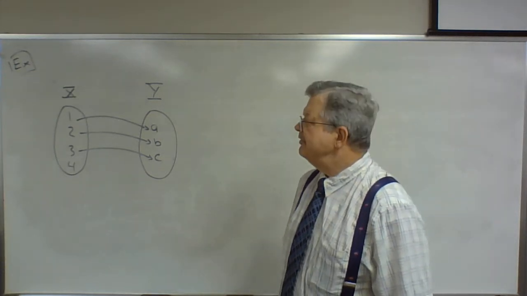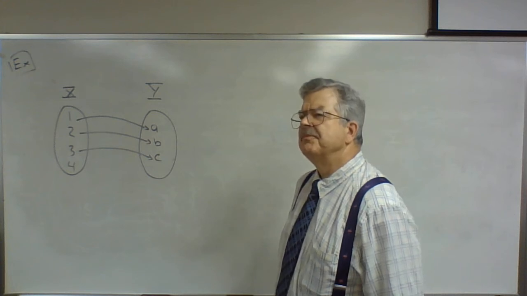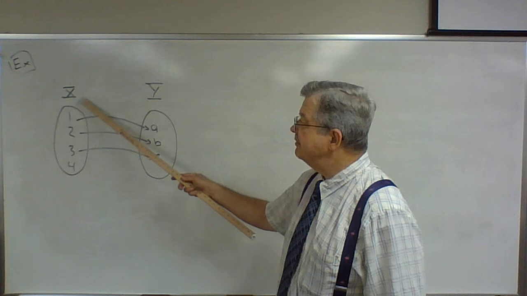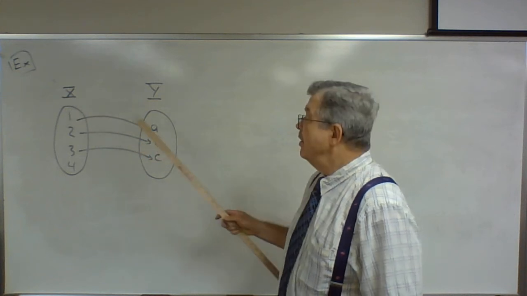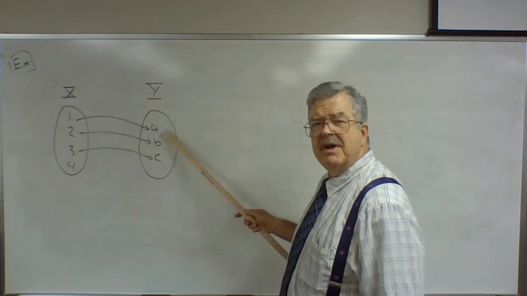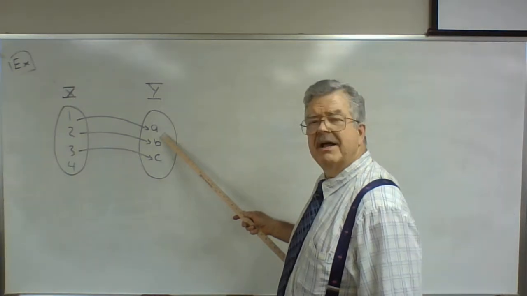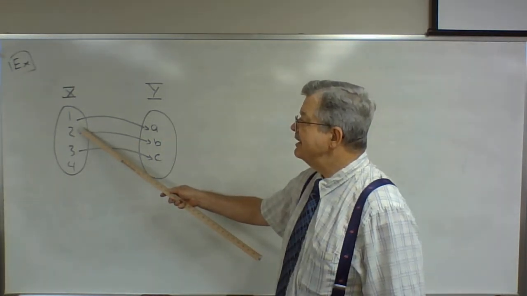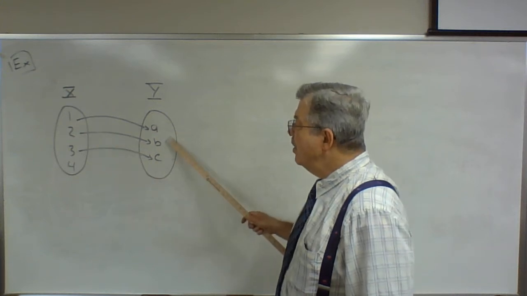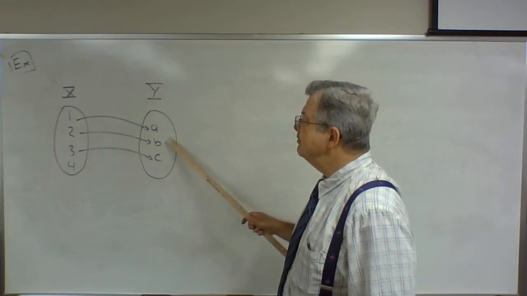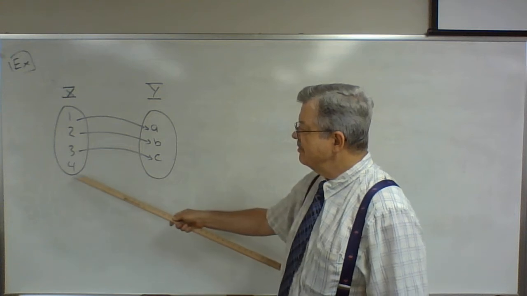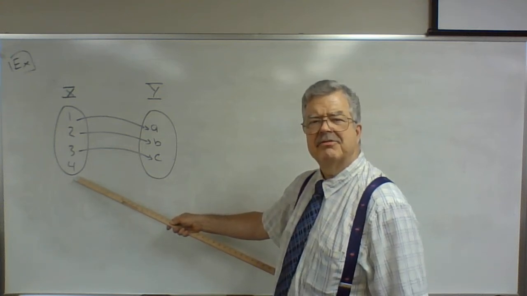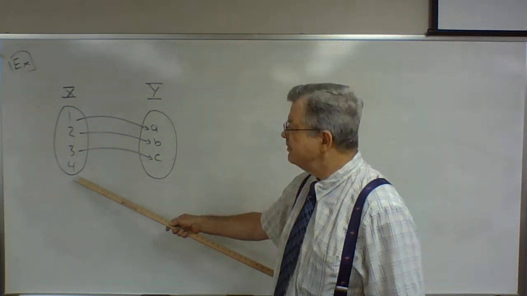Our definition says that a relation is a rule that assigns to each element in the set X, the domain, at least one element from the set Y, the range. Or it assigns to each element in the set X one or more elements from the set Y. This element in the domain looks rather suspect, doesn't it?